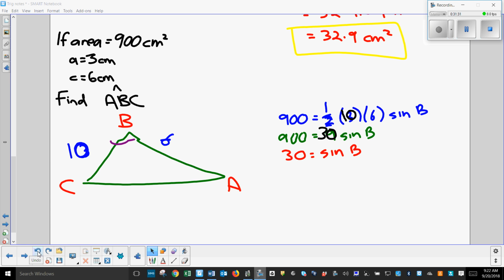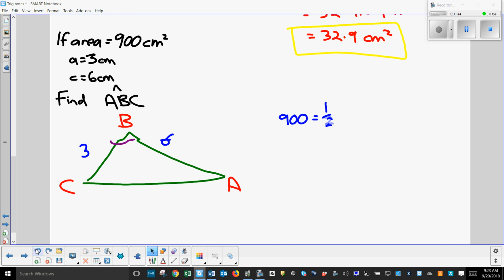What should I take it down to? So should we make the area something smaller? What could our area end up being? We need to be able to divide it by, what was it again?